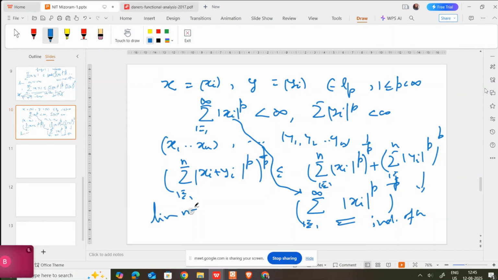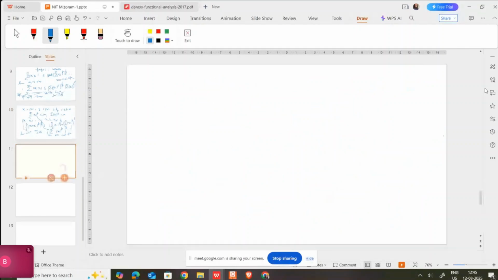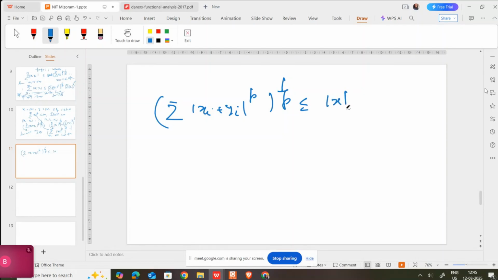Now take the limit n going to infinity on the LHS. So what you get is summation mod of xi plus yi raised to p, raised to 1 by p, is less than or equal to the norm of x in LP plus the norm of y in LP.